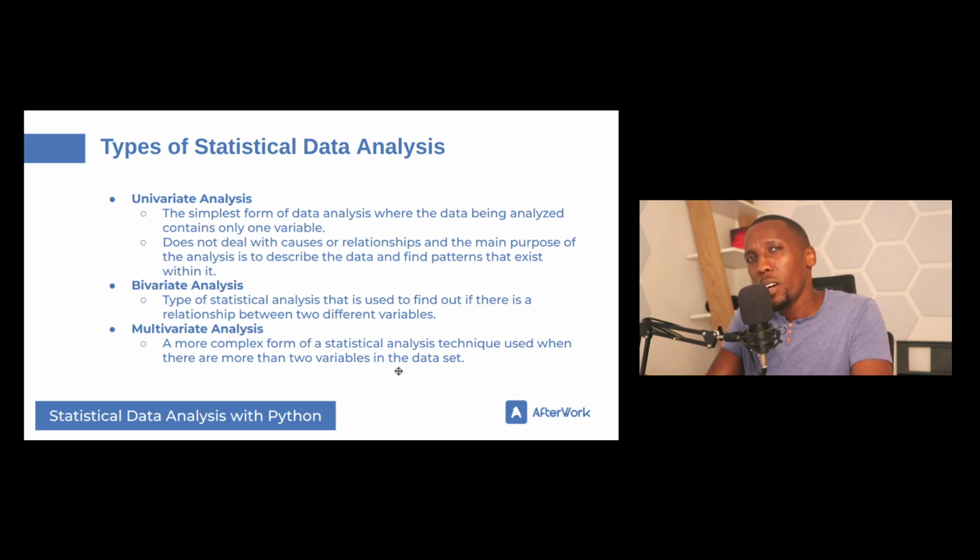That process of understanding the individual columns, or variables in our context, is what is referred to as univariate analysis. If we are working with two different variables, say we want to find out whether there's a relationship between two or more variables, then in that situation we would be performing bivariate analysis.